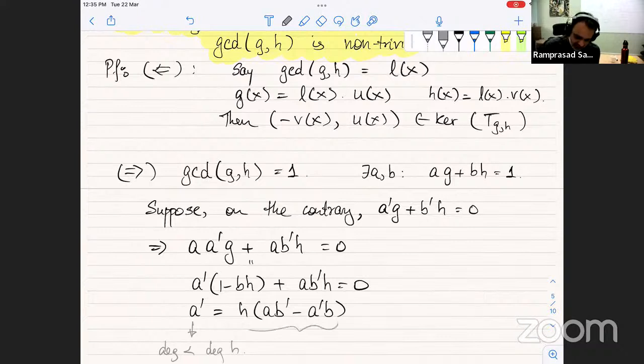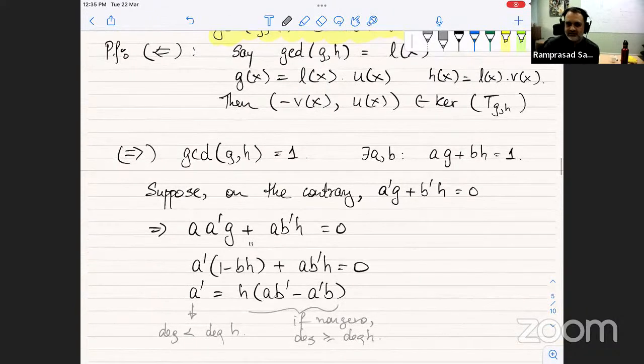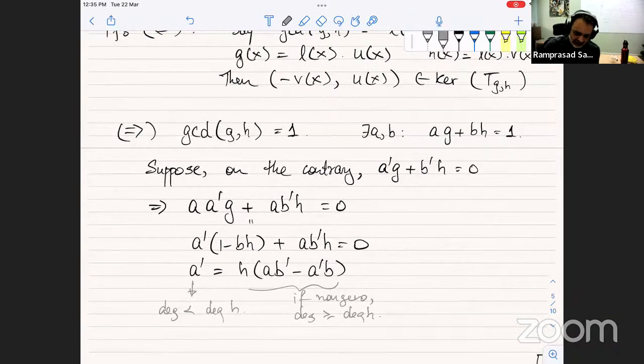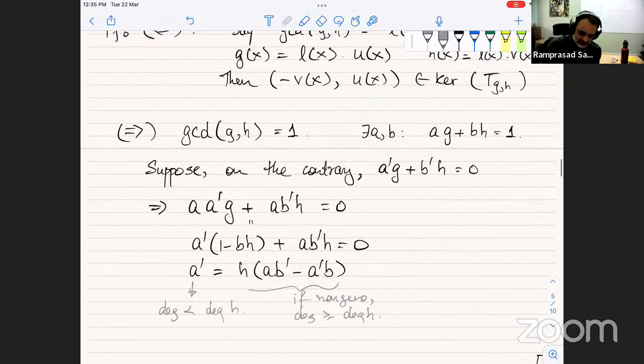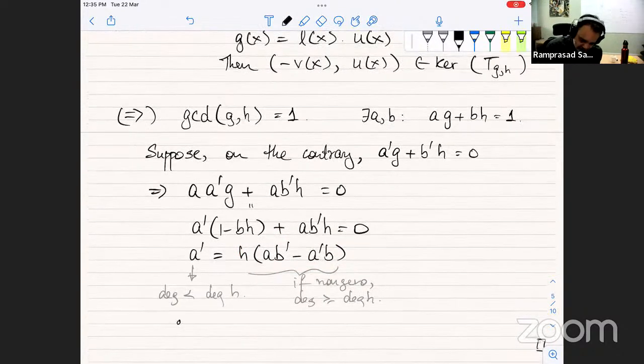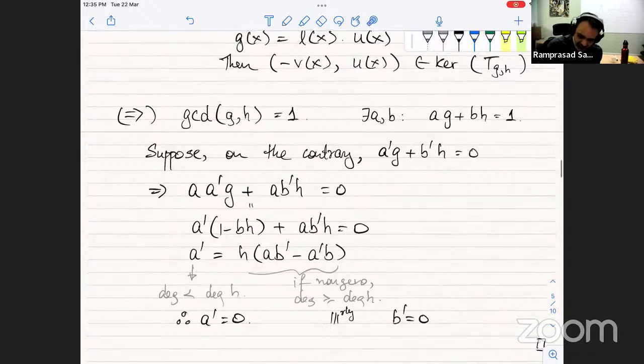So this, if non-zero, has degree greater than or equal to the degree of H. But we know that's not possible. So therefore, the only way that can happen is that it better be the case that you're looking at the 0 multiple of H. And therefore, this will force you to admit that A prime is equal to 0. And you can similarly also say B prime is equal to 0 by doing the same thing. Take this equation, multiply by B throughout, and do the same sort of rearrangement, and you will get the other.